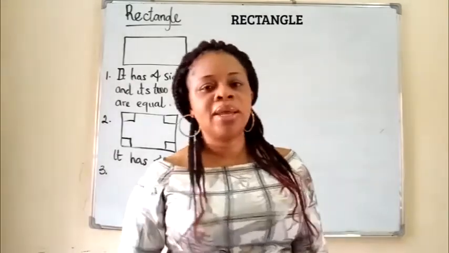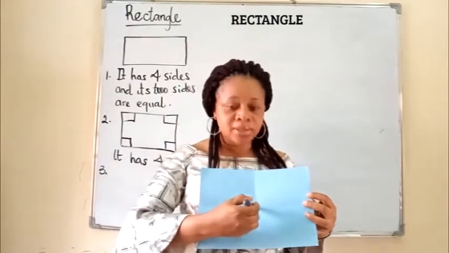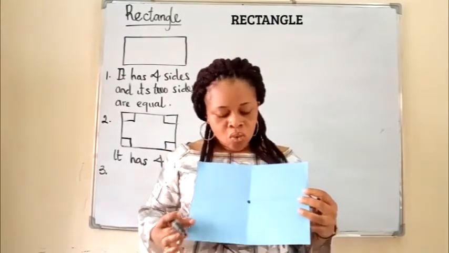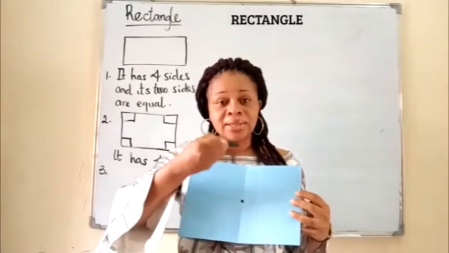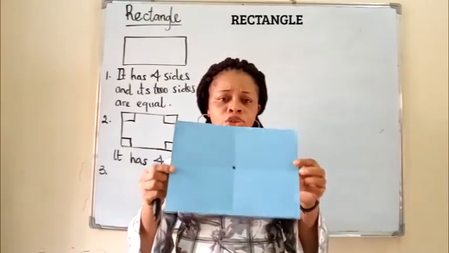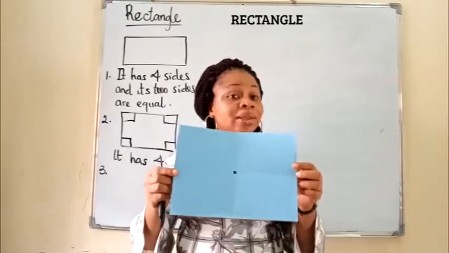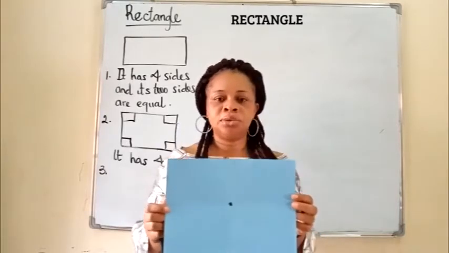What do I mean by that? If you look at this rectangle, there is a center. When there is a center, the lines that pass through the center and divide the shape into identical halves are known as lines of symmetry.